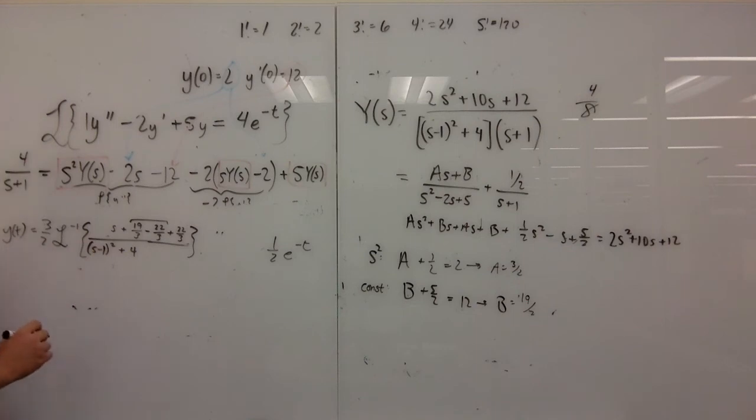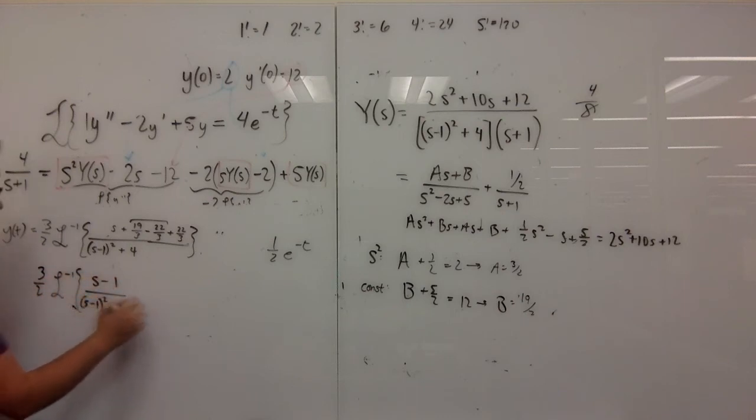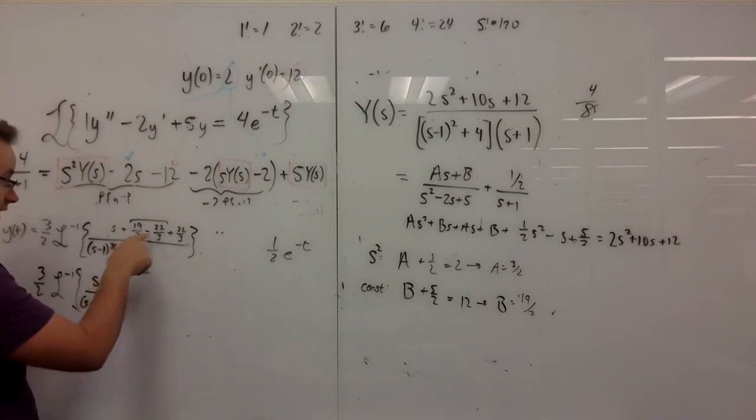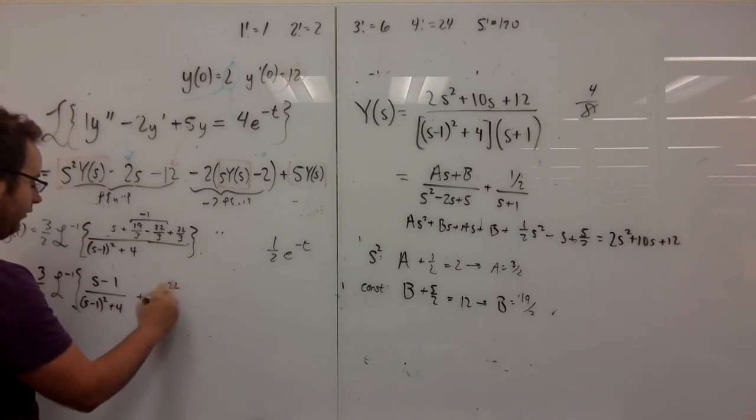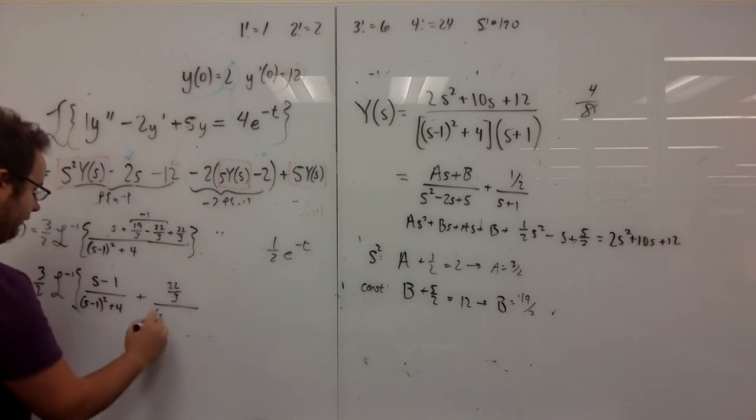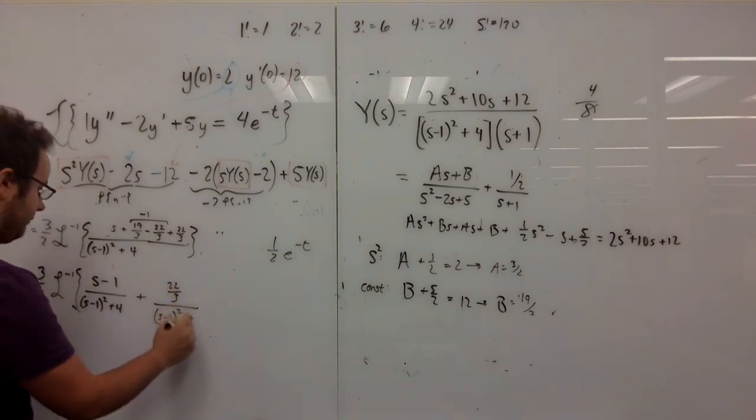So, am I still recording? Okay, good. So I'm going to have 3 halves Laplace inverse of s minus 1 over s minus 1 squared plus 4. This is the s minus 1, right? So then I have left over a plus 22 over 3 over s minus 1 squared plus 4.